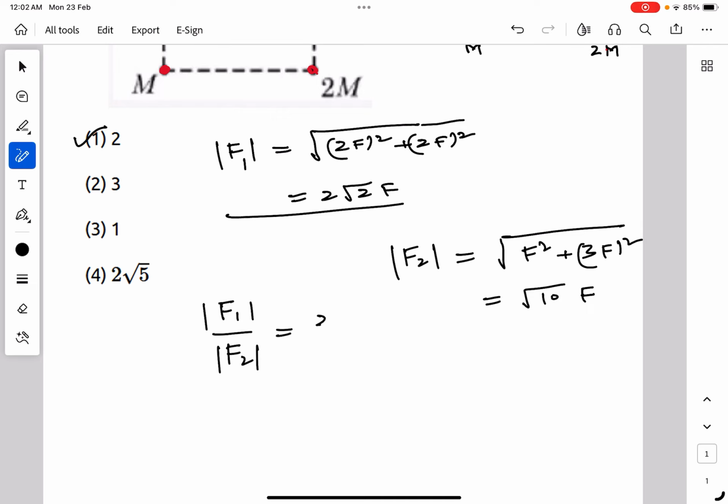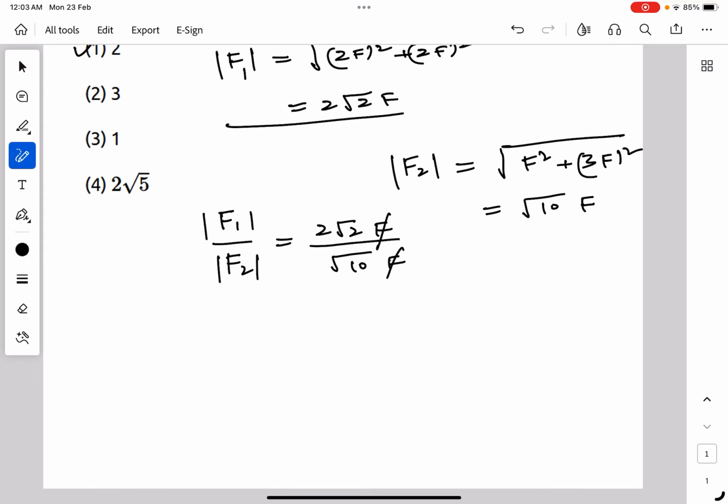This is equal to 2 root 2 into F upon root 10 into F. F cancels F and we get 2 root 2. Root 10 can be written as root 2 into root 5. Root 2 cancels root 2 and we get 2 upon root 5.